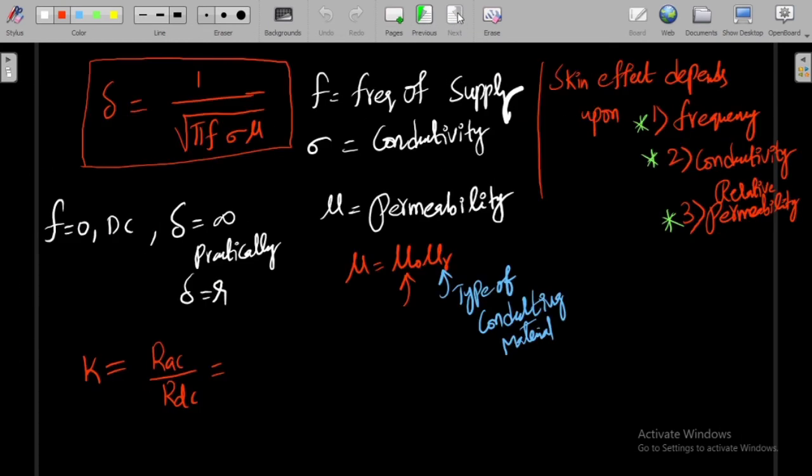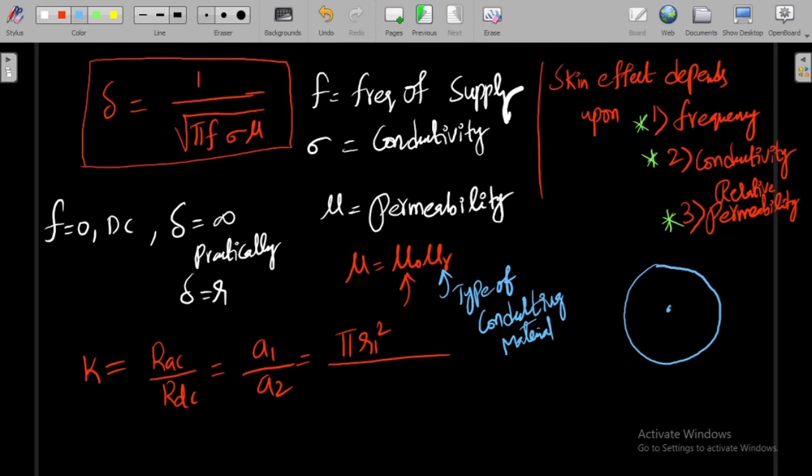Is it right? A1 by A2. What is A1 actually? It is pi times R1 square. And what is A2? A2 is here, if you observe, the total area is pi r1 square. This is the radius r1, so the total area is pi r1 square.